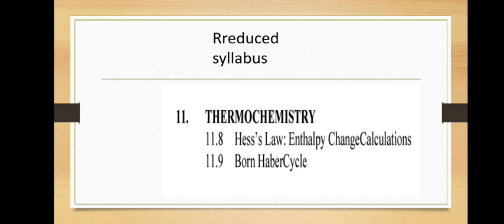You know that due to COVID-19, your syllabus has been reduced. And in this reduced syllabus, your first year chemistry 11th chapter is of thermochemistry and only two topics, Hess's law and its related numericals, and Born Haber cycle have been included.